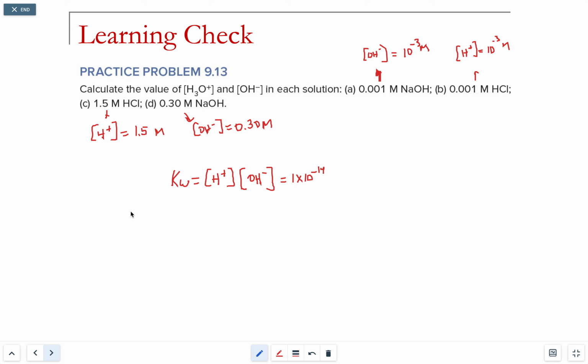Right, so we would write this is Kw divided by our hydroxide ion concentration, which is equal to 10 to the minus 14 divided by 10 to the minus 3, and so we get 10 to the minus 11.